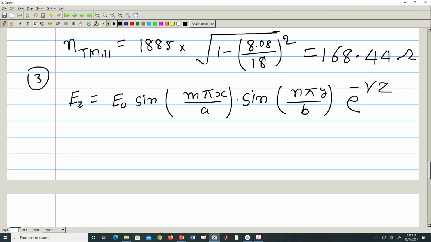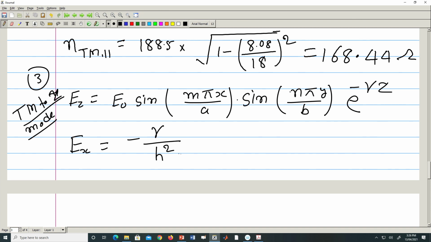So, Ex is defined from the Maxwell equation as minus gamma by h square del Ez by del x. This is the expression for Ex in terms of Ez.